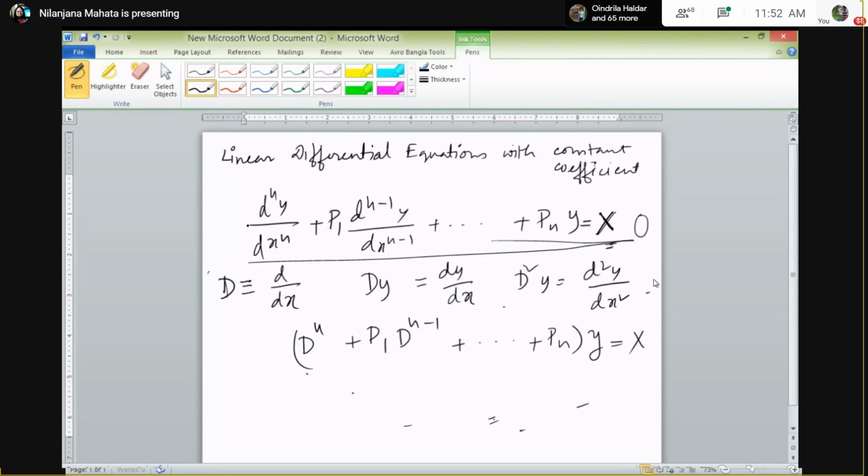I can write this equation d^n y like this. I know d^n y is d^n y/dx^n, right? So I have written this operator in terms of D, and the whole thing I may write as f(D) y is equal to x.